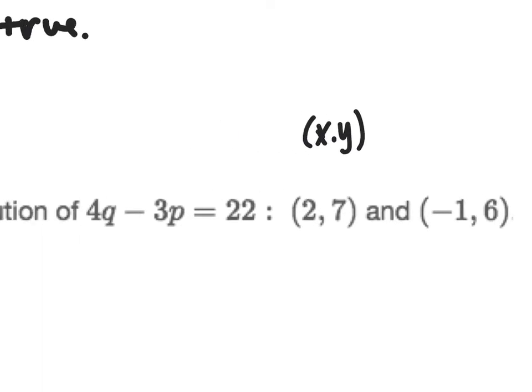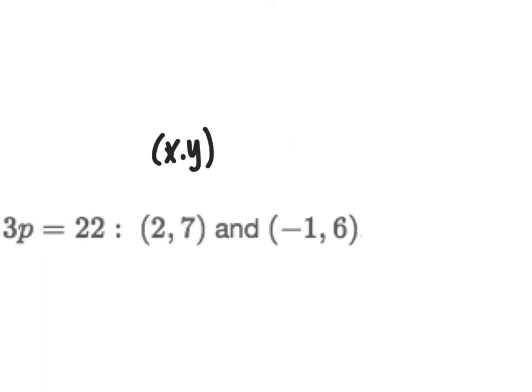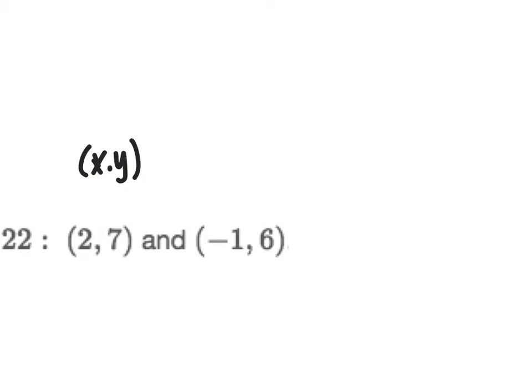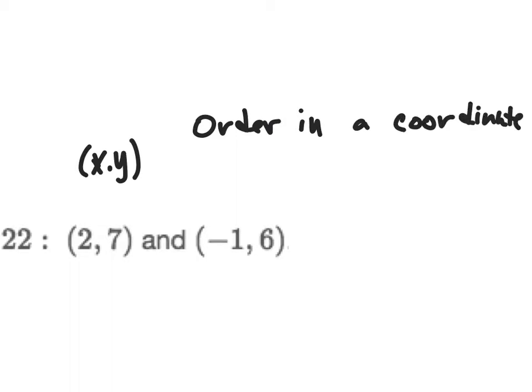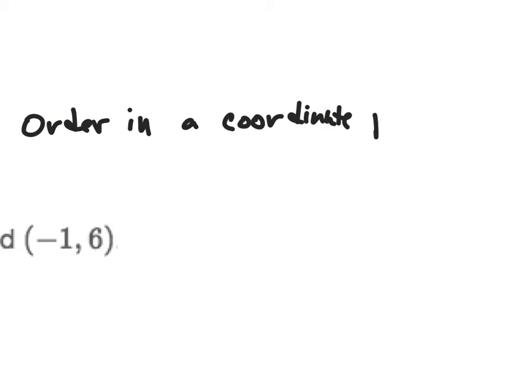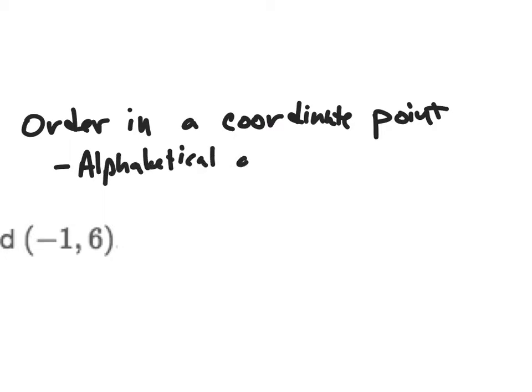However, we're dealing with a couple different variables, okay? So the variables, when we're talking about this, the order in a coordinate point goes in alphabetical order, okay? And what I mean by that is this.